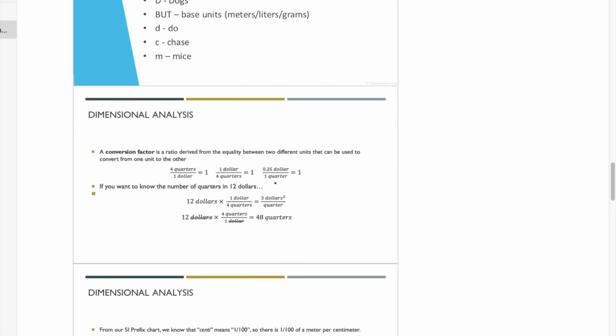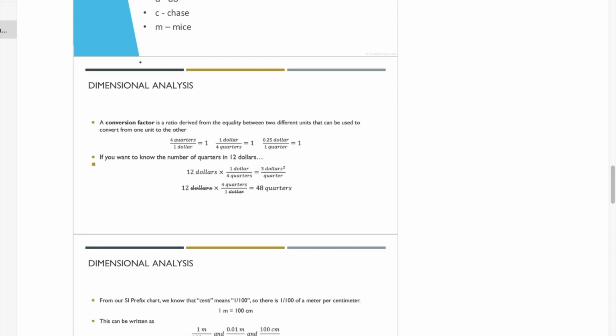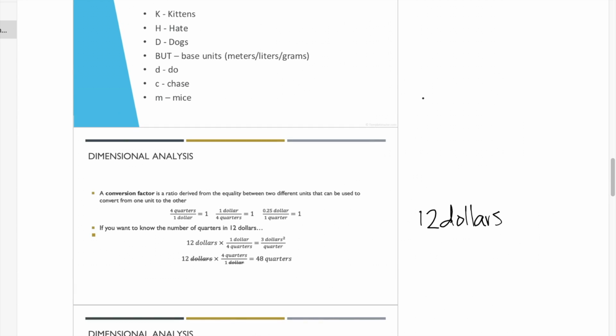Next here we have conversion factors. A conversion factor is basically a ratio that you can use to convert from one unit to another. For example, for this problem here, if you have $12 and you want to know how many quarters you have, you know the relationship between quarters and dollars is that 4 quarters equals $1.